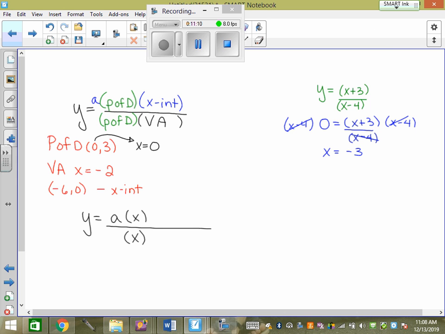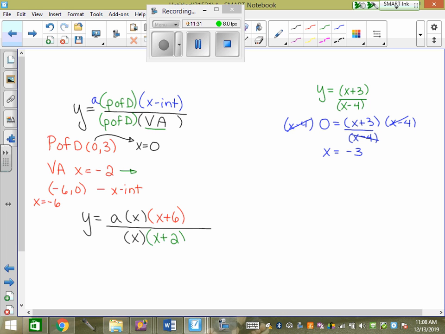Then we put our x-intercept on the top. Our x-intercept is at x equals negative 6. So what's its factor? X plus 6. On the bottom, we put our vertical asymptote. It's x equals negative 2. So what are we going to put on the bottom? X plus 2.